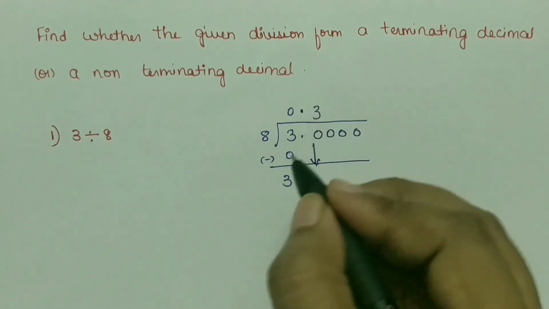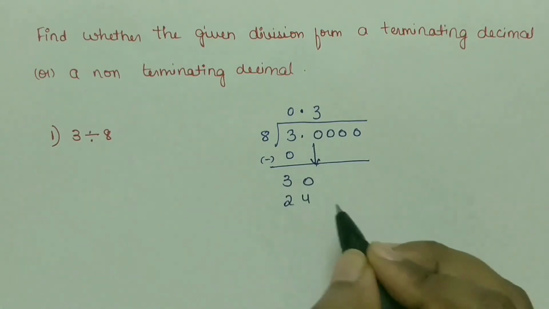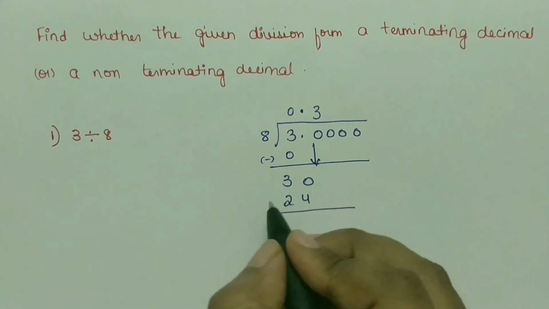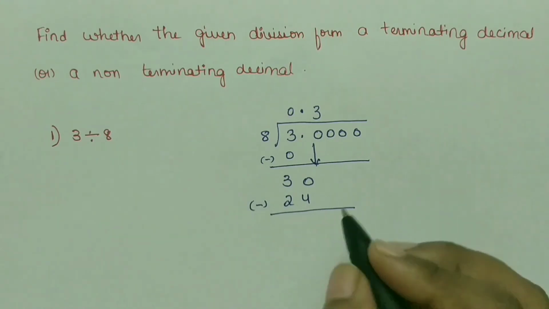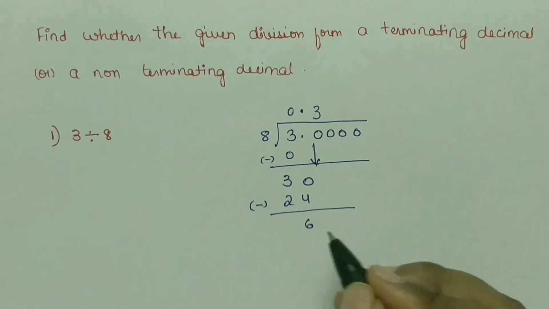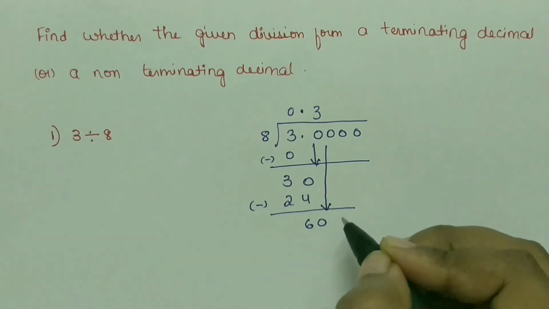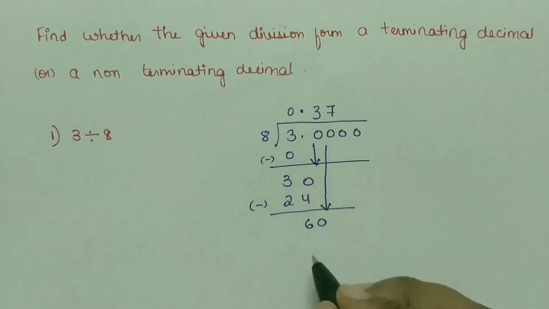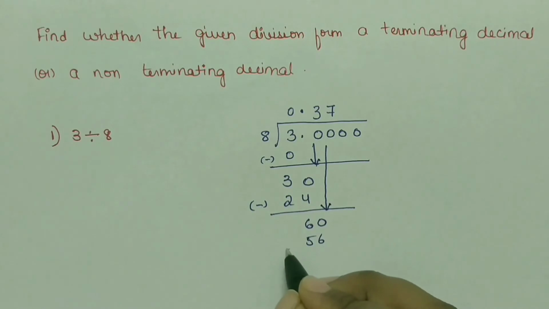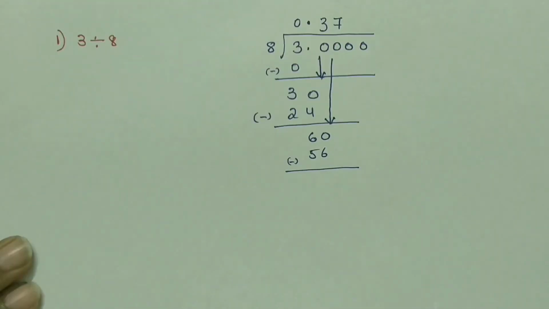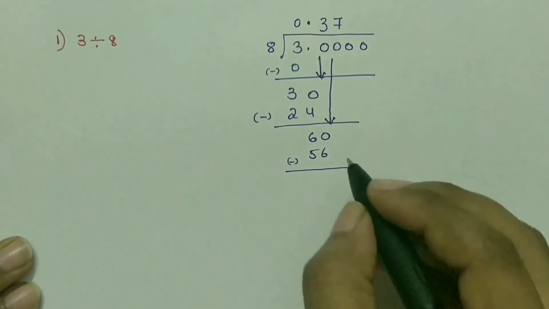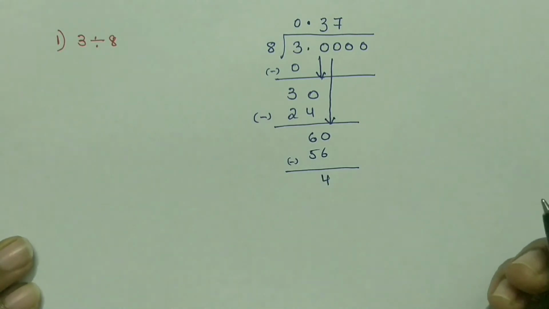8 3s 24, minus, so it is 6. Now bring down 1 more 0. 8 7s 56, minus 4.